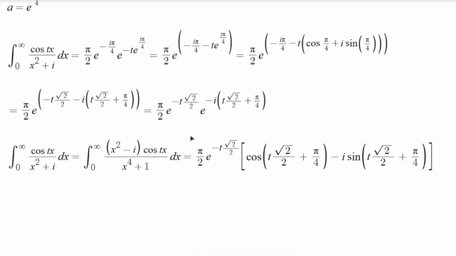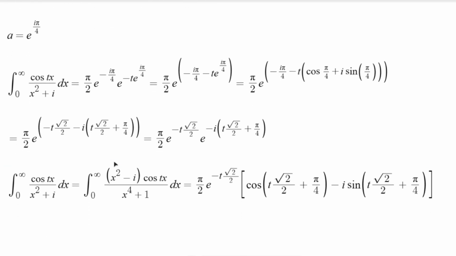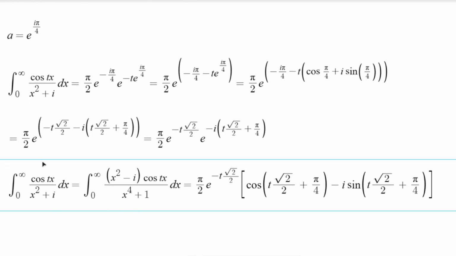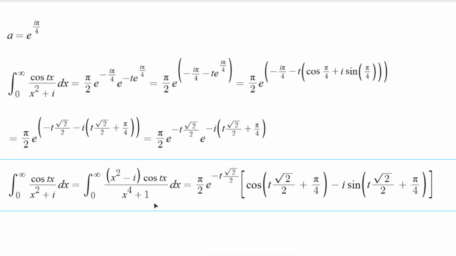Don't forget that this expression was equivalent to this integral right here. All right, and this integral we can get from here to here by multiplying the top and the bottom by x squared minus i, giving us x to the fourth plus 1 in the denominator.